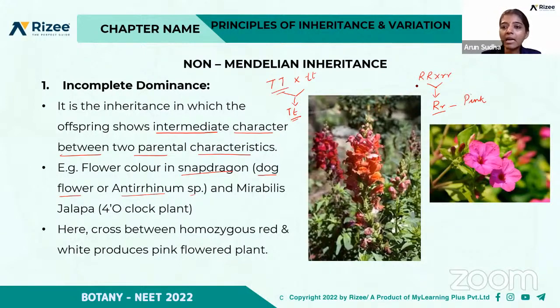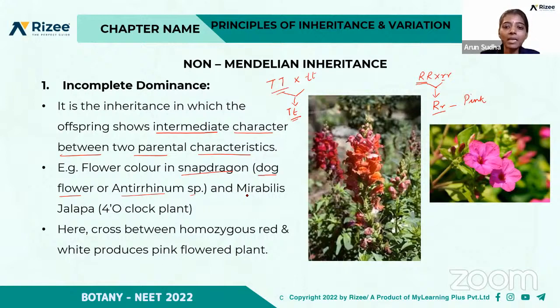That this R is not completely dominant, but shows incomplete dominance. Because if it were completely dominant, the capital R should give red color. It is not completely dominant over the small r, so when both alleles are present, in the heterozygous form, it shows pink color.